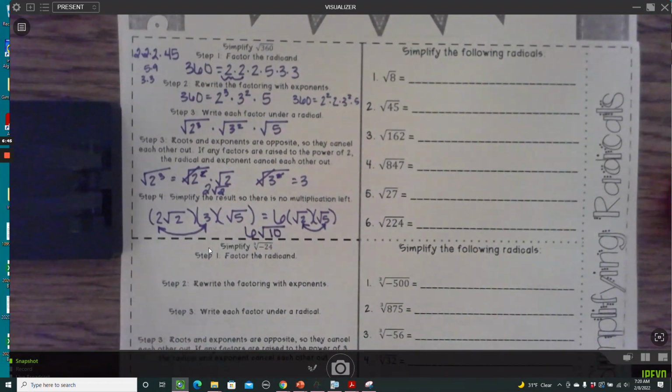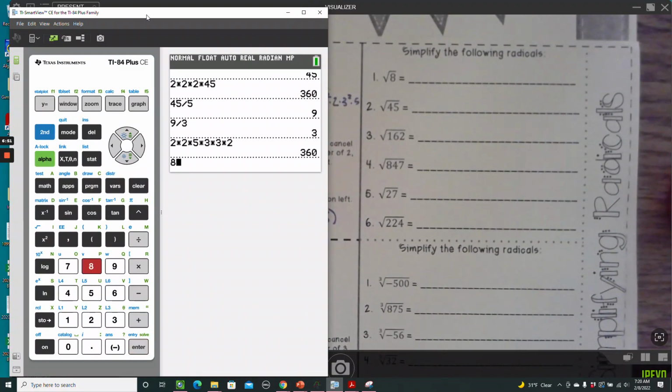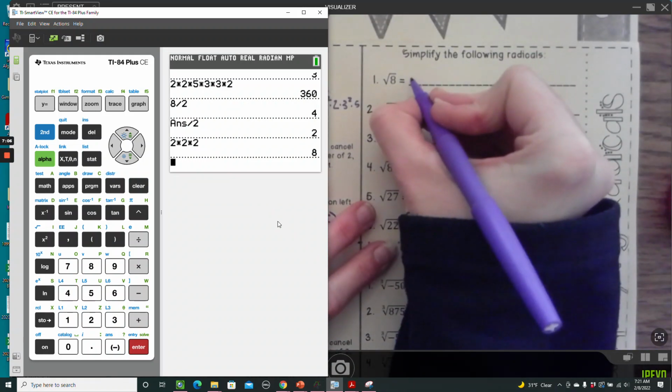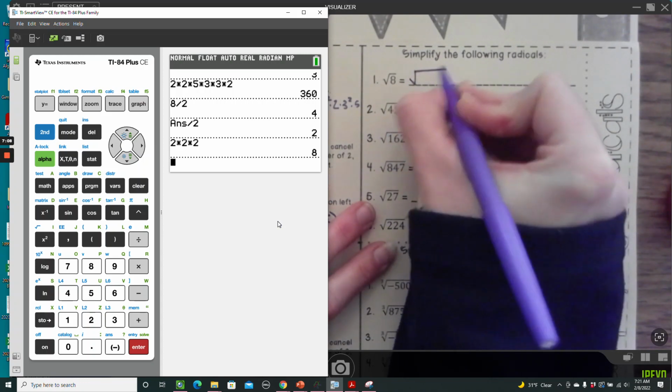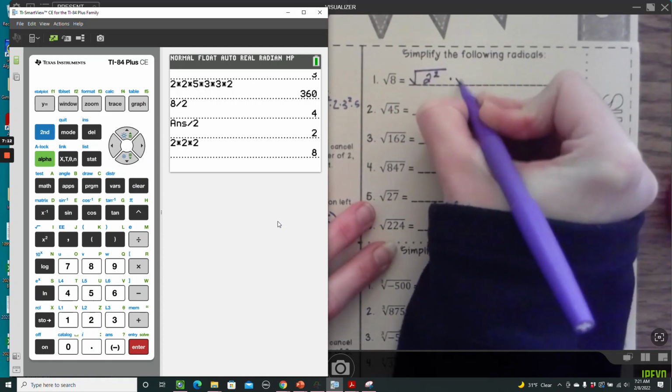Okay, so we're going to practice this several times. Let's start with 8. If I break 8 down, 8 is the same as 2 times 2 times 2. I'm getting those 3 2's from this 2 here, this 2 here, and this 2 here. So the square root of 8 is the same as the square root of 2 squared times the square root of 2.